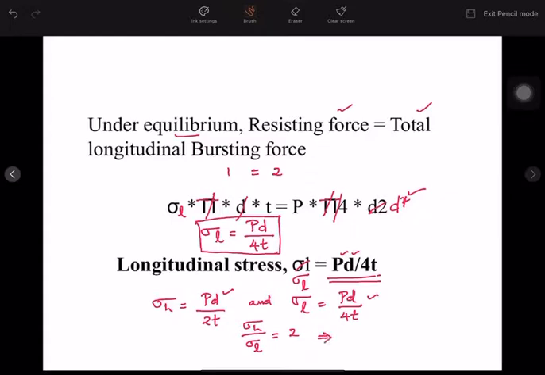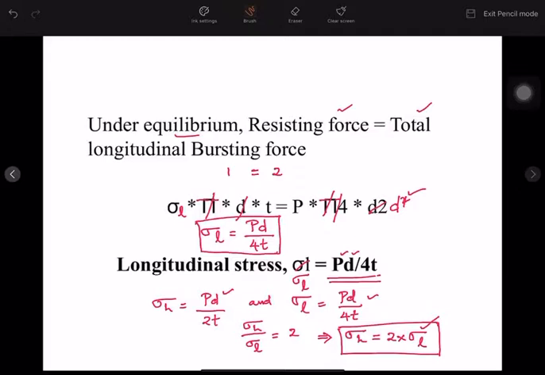Implies sigma h is double sigma L. Nothing but hoop stress has double the effect of longitudinal stress.